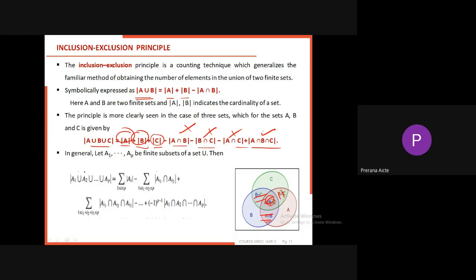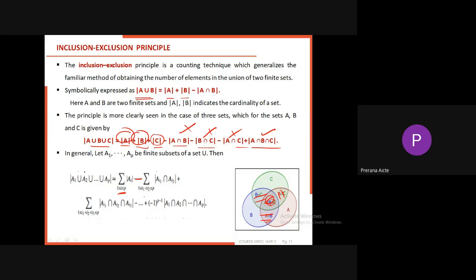So that means here some of the values we are including, some of the values we are not including. That's why the principle is called the inclusion and exclusion principle, and it can be generalized for any number of sets. Here, summation of Ai, where i goes from 1 to p. Initially plus will be there, next for the second time we'll get minus.